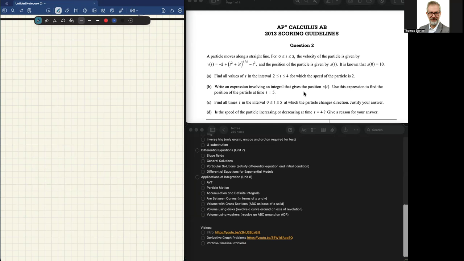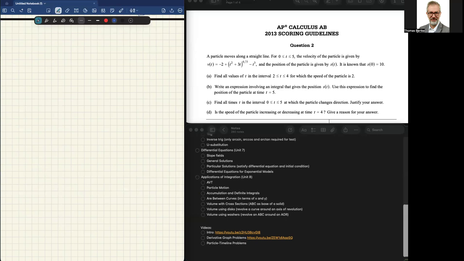Here you're given the first derivative in the form of an actual function formula, and it's usually called v of t, and then s of t is the original function of which v of t is the derivative. So in other words, s prime of t is equal to v of t. It's always important to identify that and write that down. So you get a point for that.